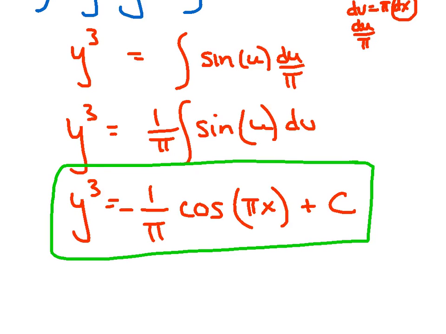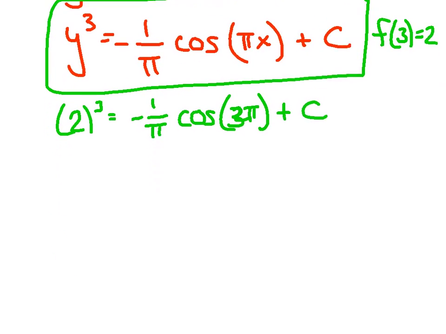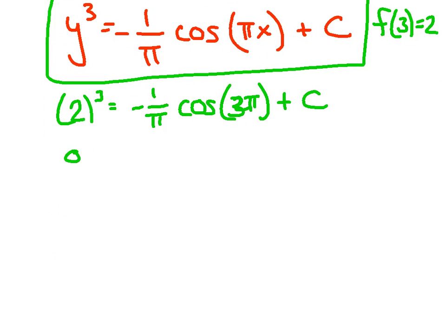We're just going to go get that initial condition. Remember, f of 3 equals 2. So I'm going to plug 2 into the y value. Oops, 3 into the x value, plus c. And my goal is to solve for c. 2 cubed is 8, negative 1 over pi. All right, cosine of 3 pi.